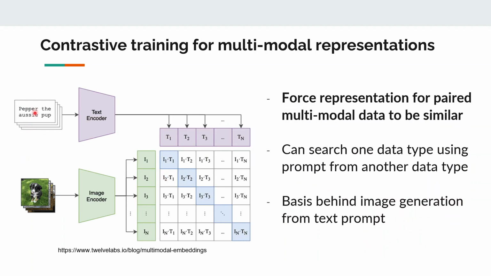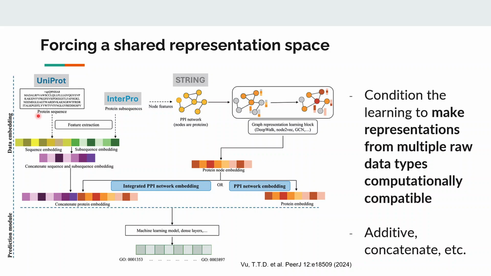Because for each protein, we know that this is a single protein, and this is the amino acid sequence for that protein. This is the domain annotation for that protein, and this is the protein interaction partners for that protein. So we can ask the model to learn these different concepts onto the same representation space.